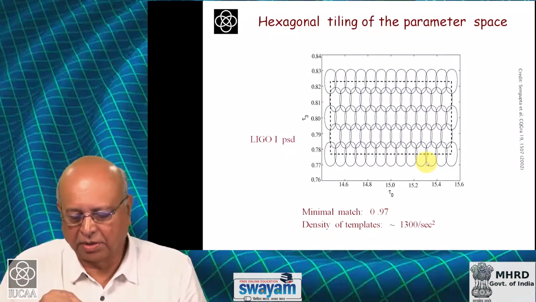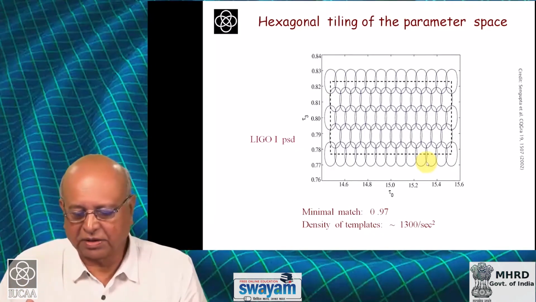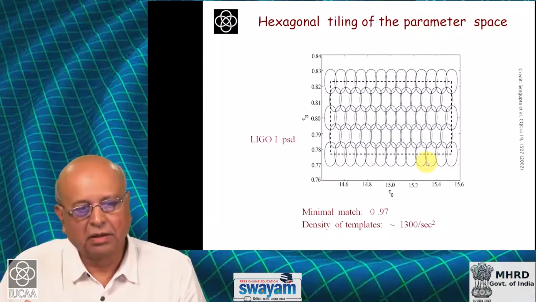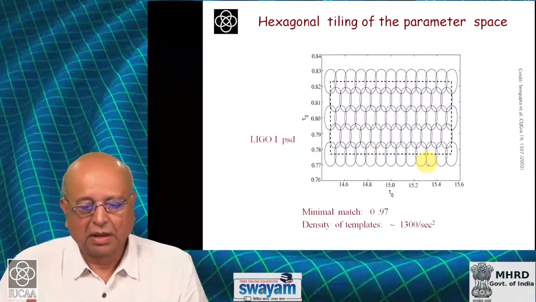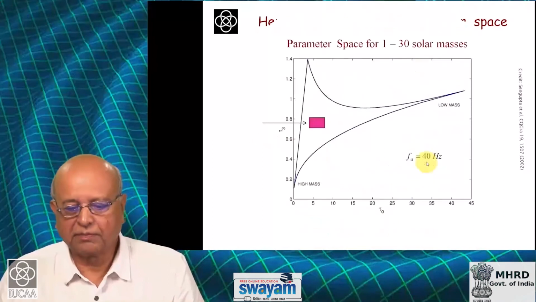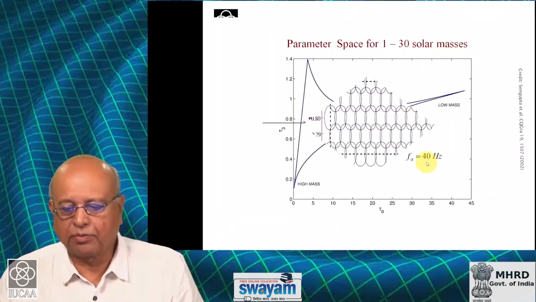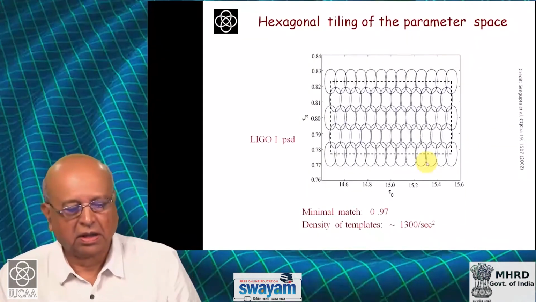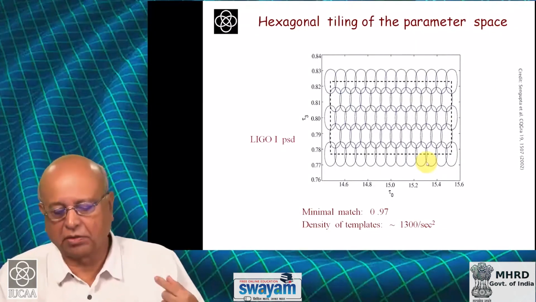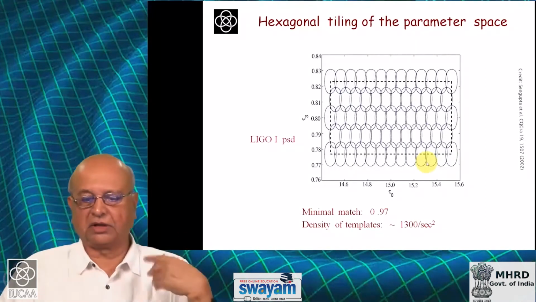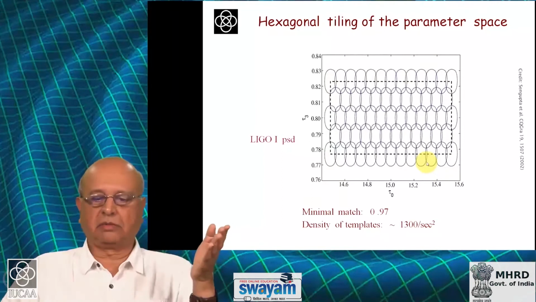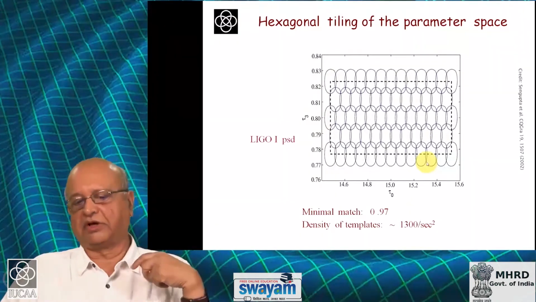The minimal match has been chosen to be 0.97, and the density of templates is something like 1300 per second squared, and the area is something like 8.5 second squared for the LIGO 1 PSD, or initial LIGO PSD. I have done it for this because it is a simple enough example to explain.